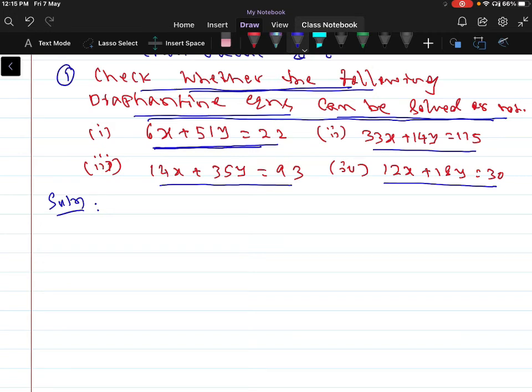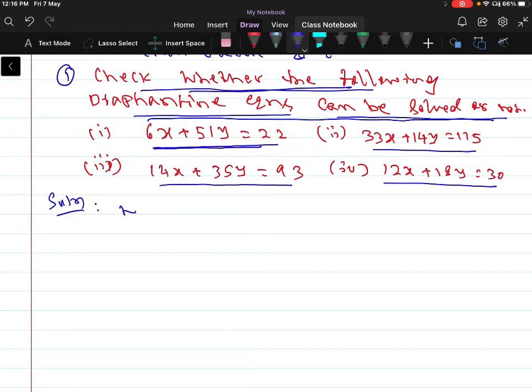Check whether the following Diophantine equations can be solved or not. The first problem is 6x plus 51y is equal to 22. So whether this equation can be solved or not, you have to verify that. So let us recall the statement of the theorem of the Diophantine equation, the condition for solution of the Diophantine equation.